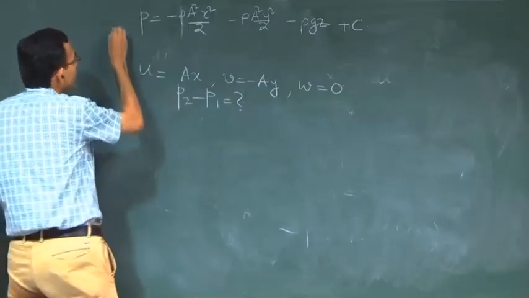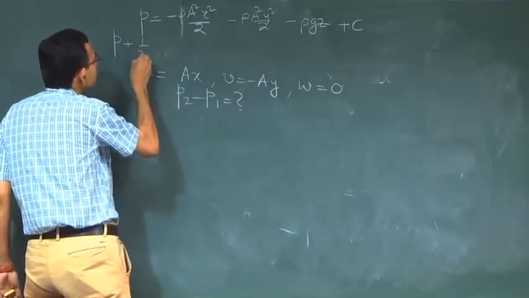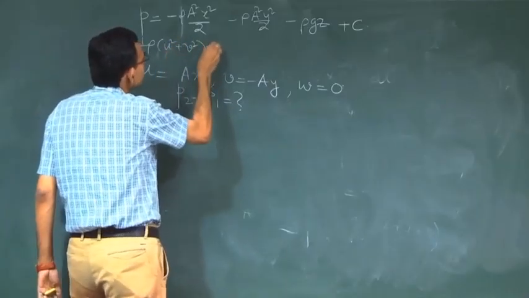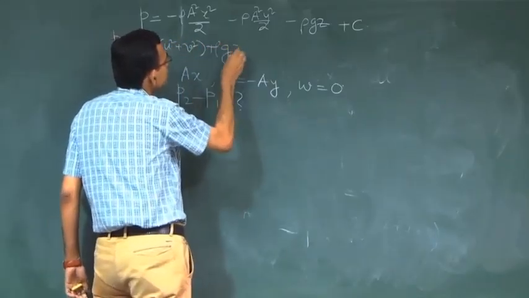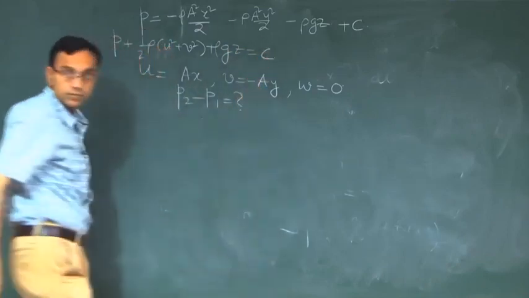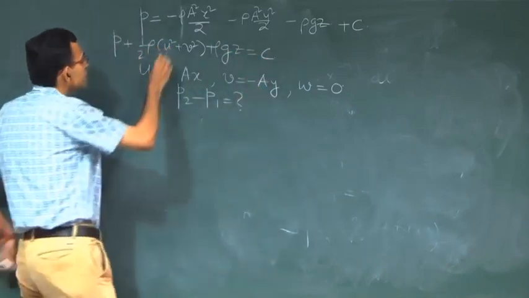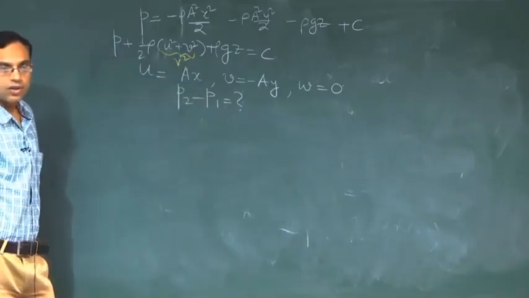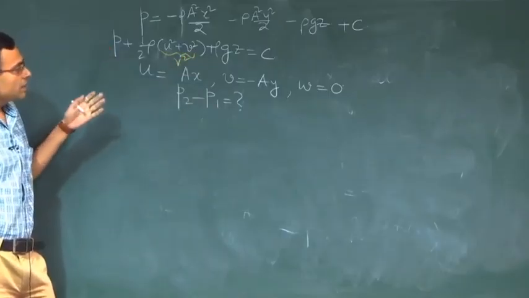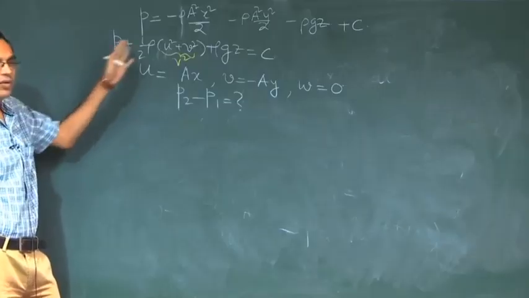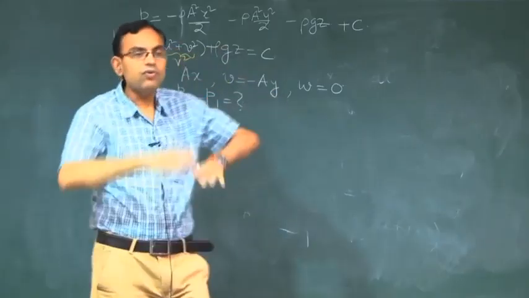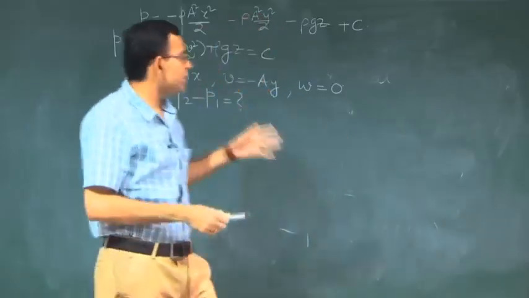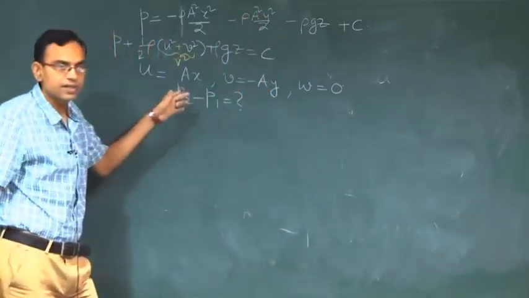So, interestingly you can write this, and essentially it is like the Bernoulli's equation that is being valid over the entire domain, and that equation governs the pressure difference between 2 points.